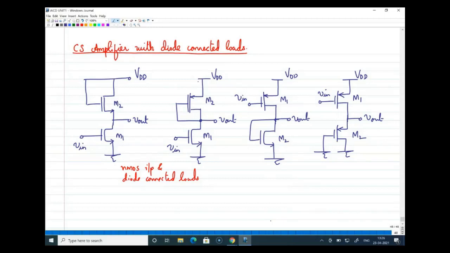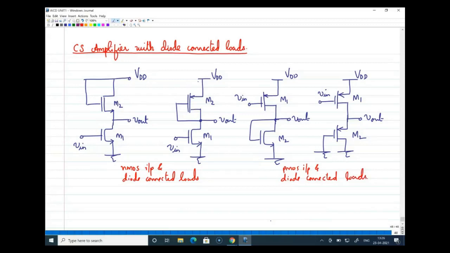I hope this is clear for you guys. Now I will write it here as both are PMOS input and both the variants of diode connected. All right.